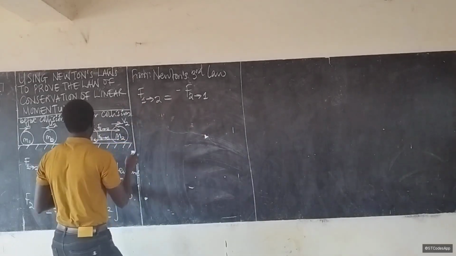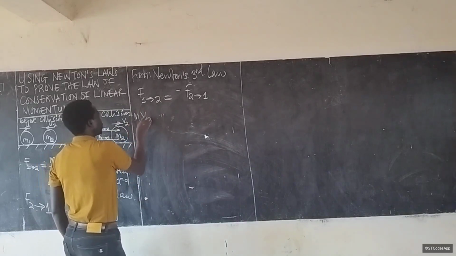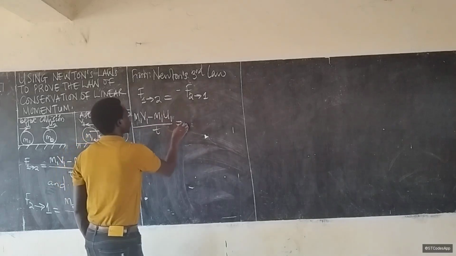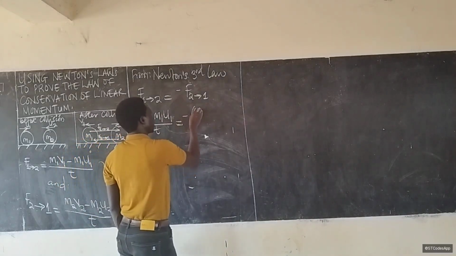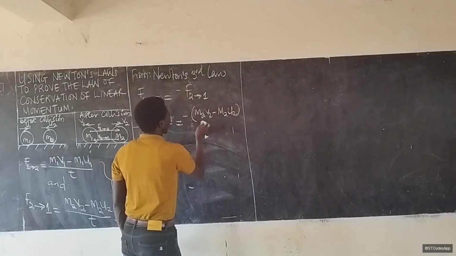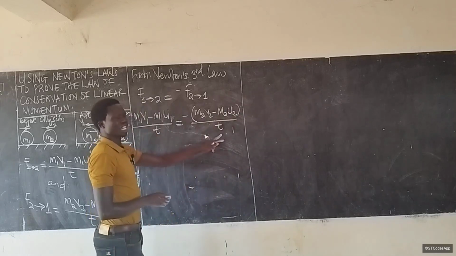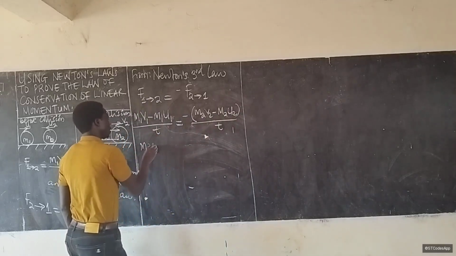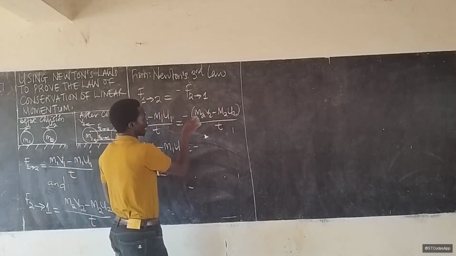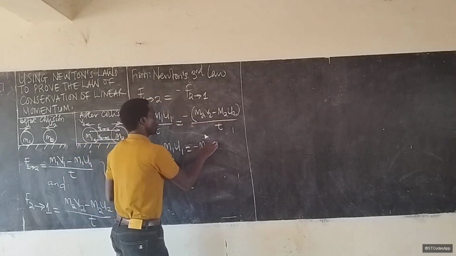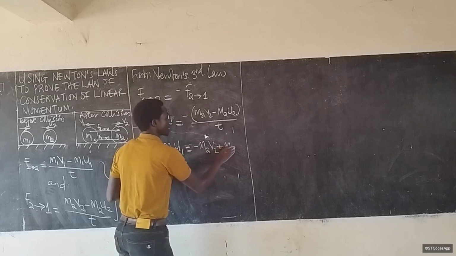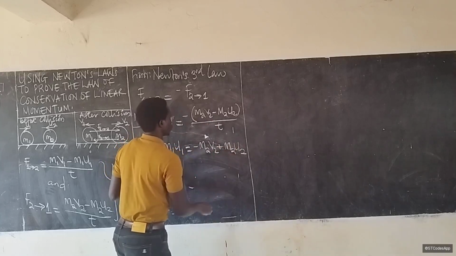So we have m1 v1 minus m1 u1 over t is equal to the negative of m2 v2 minus m2 u2 over t. The t cancels out, and then m1 v1 minus m1 u1 will be equal to negative m2 v2, plus m2 u2.